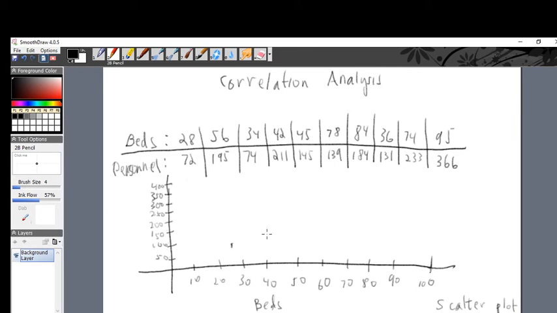So 56 beds is around here, and I've got to go up to 195. I guess it's around here. If we're talking 34, 34 is around here, and 74 is pretty much around here.